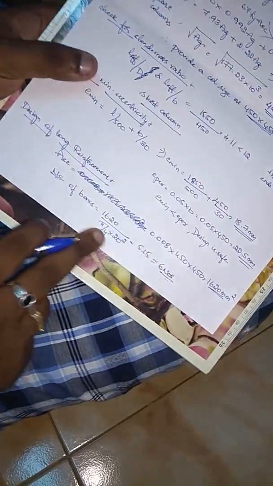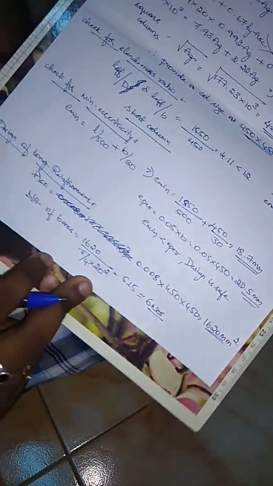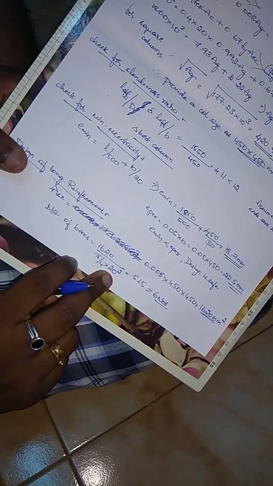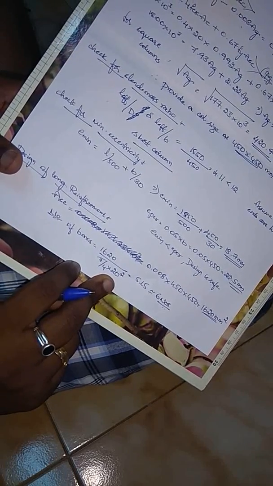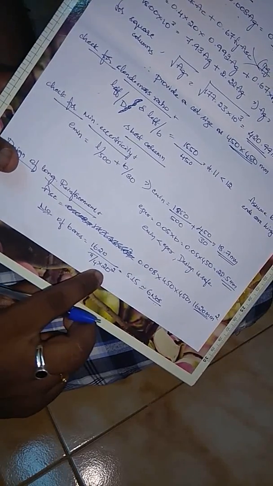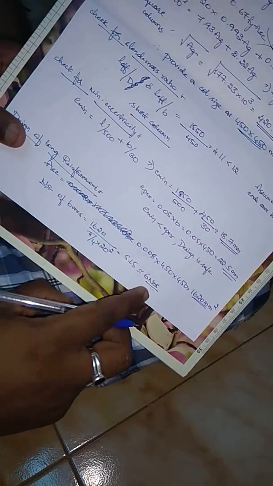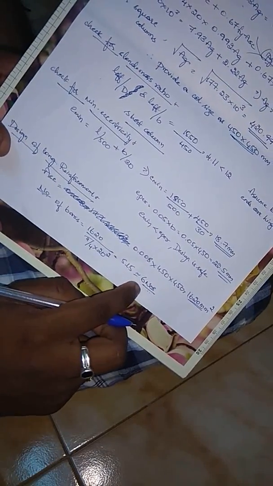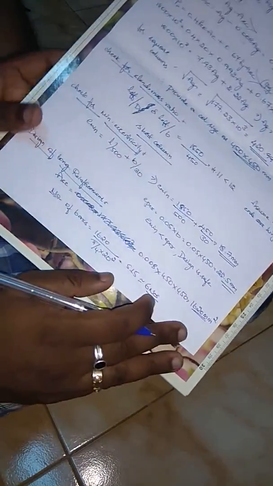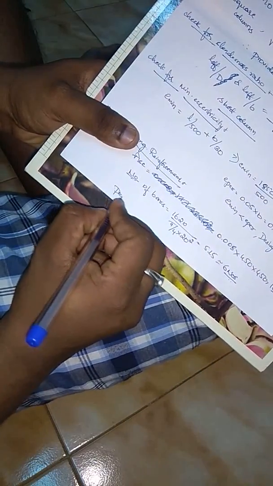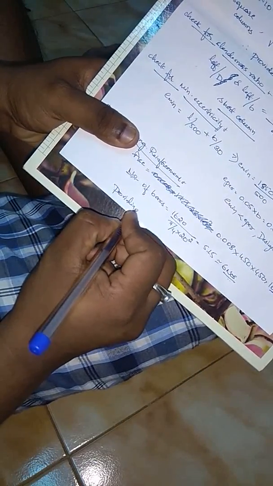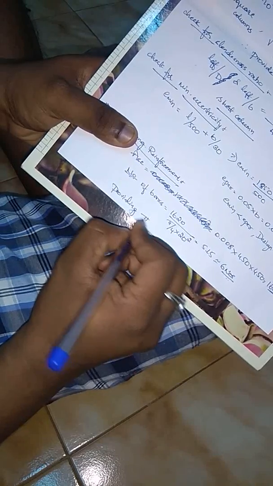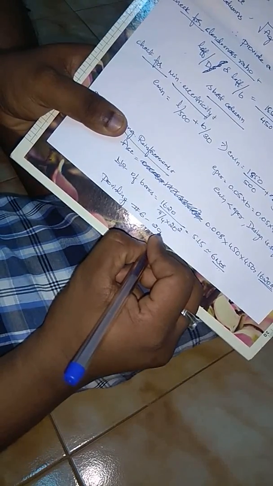You can take a higher grade, the bar diameter should be minimum 16 mm, and maximum you can take up to 32, but make sure that you have an even number, not an odd number. So providing 6 numbers of 20 mm dia.